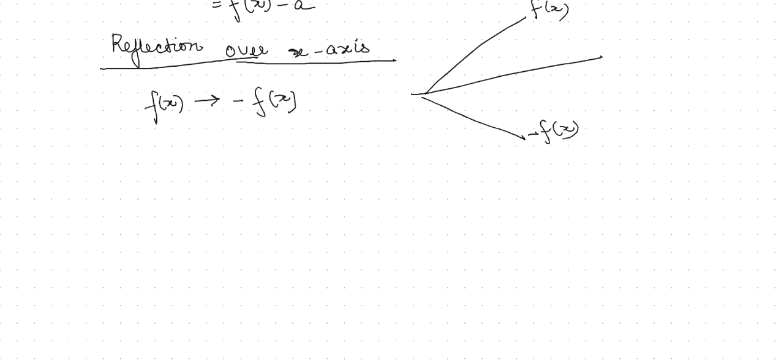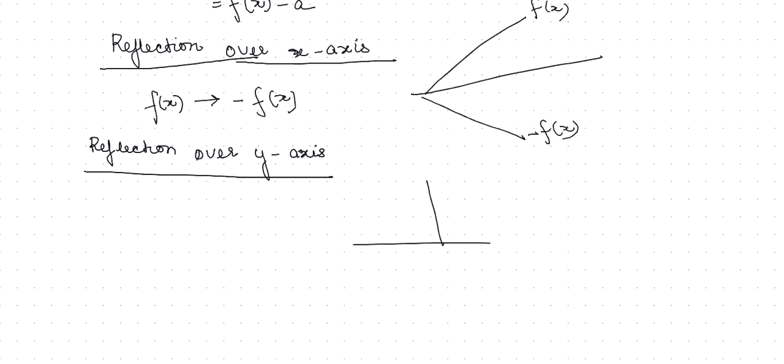Same way, if it is a reflection over the y-axis, then if this is f(x) and the y-axis, the x in the function is replaced by negative x.